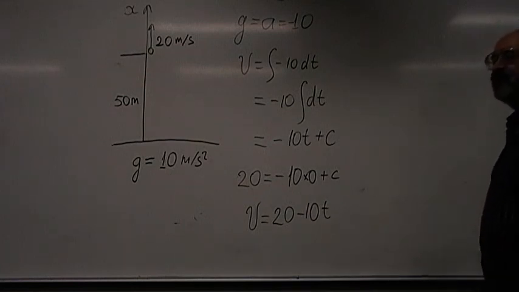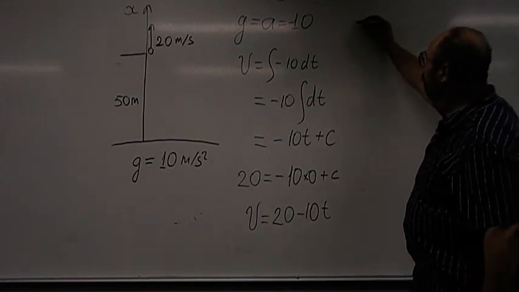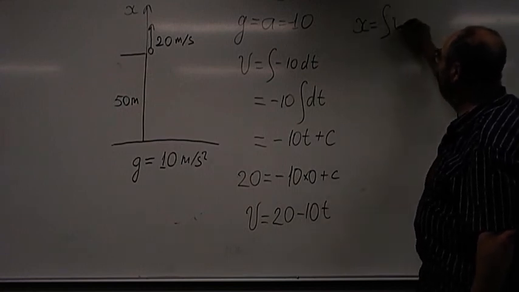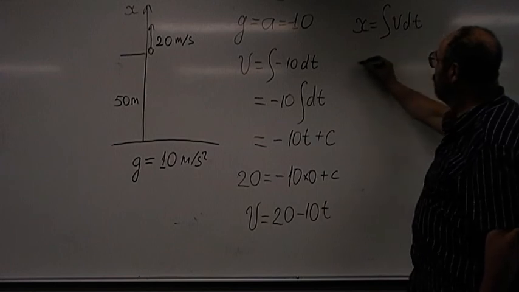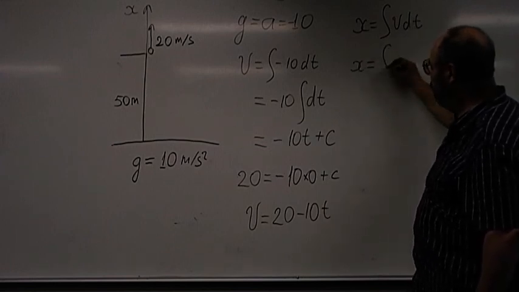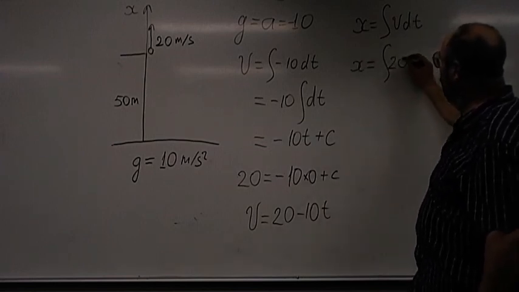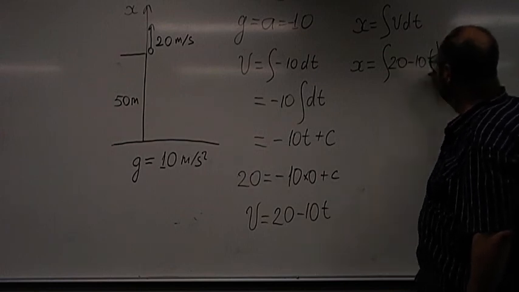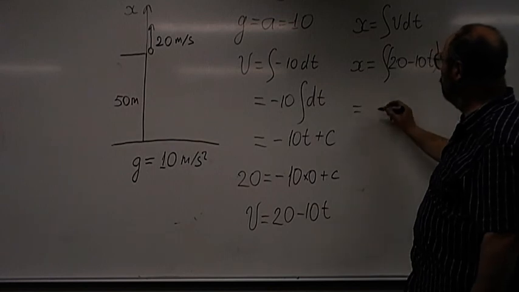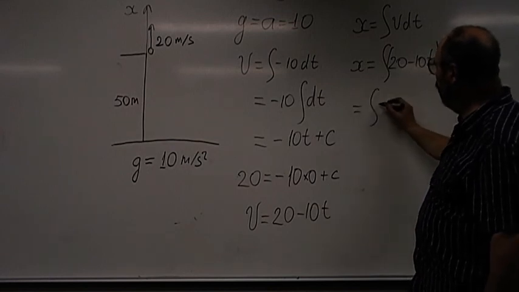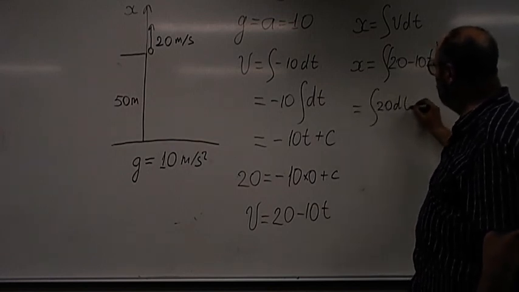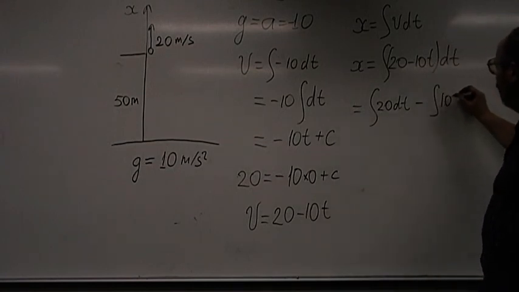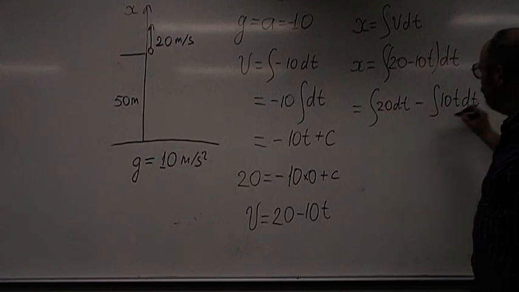So let's find position. Position is the antiderivative of the velocity, so it equals the antiderivative of 20 minus 10t dt, which equals the antiderivative of 20 dt minus the antiderivative of 10t dt.